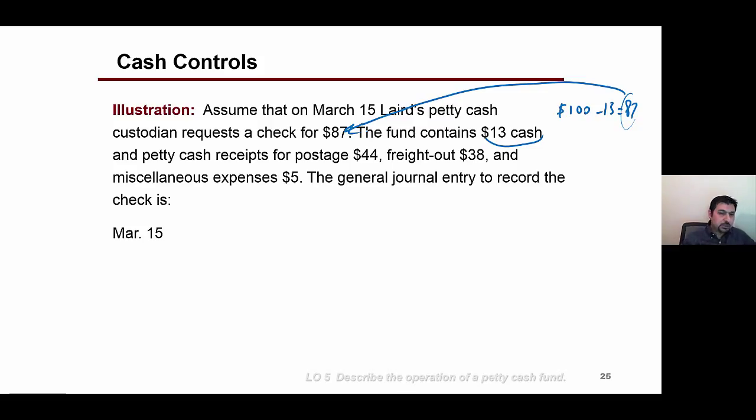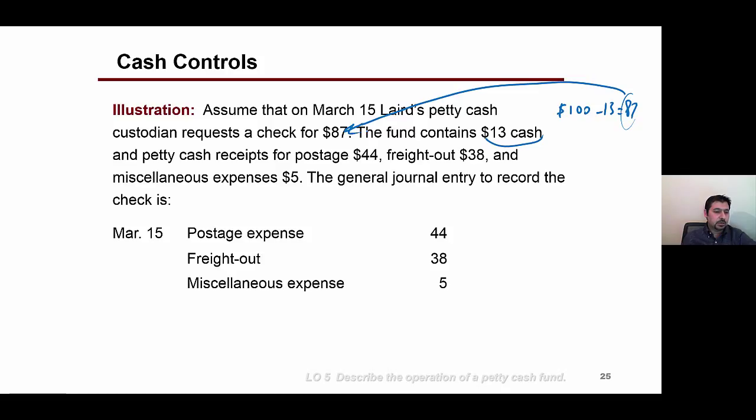And at this point, the journal entry that the company will make would include a debit to postage expense, $44, a debit to freight out, $38, and to miscellaneous expenses, a debit of $5.